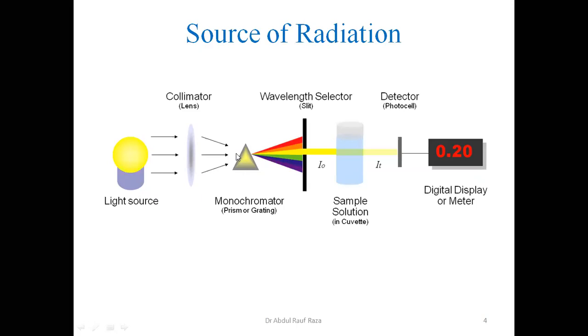When white light passes through this prism, all electromagnetic radiation, this is the physics phenomenon, it splits. In fact, white light is a mixture of all colors. If anything is not capable of absorbing any radiation, it transmits all of them.